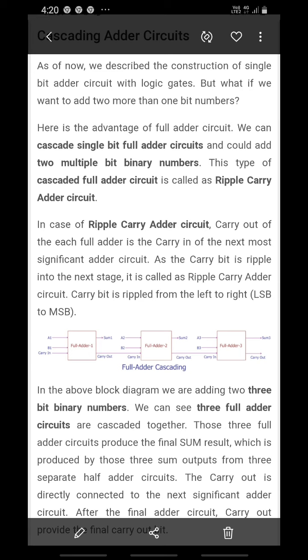So here in the above block diagram, we are adding two 3-bit binary numbers. We can see three full adder circuits are cascaded together.